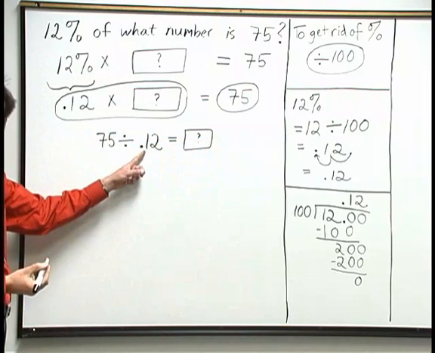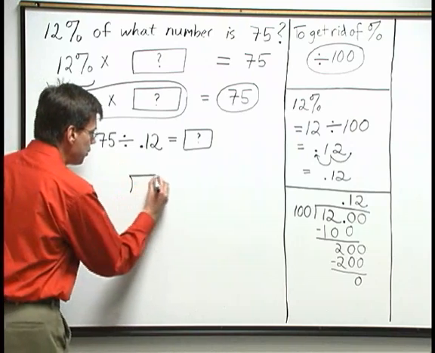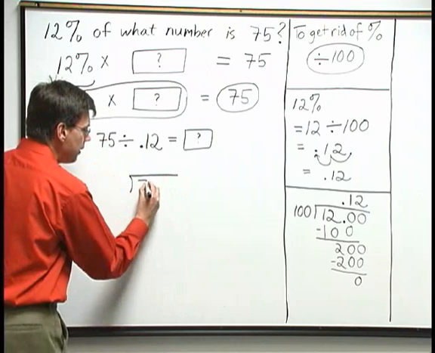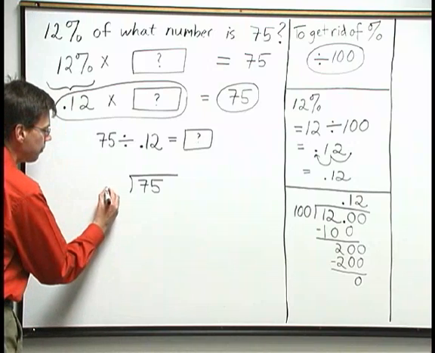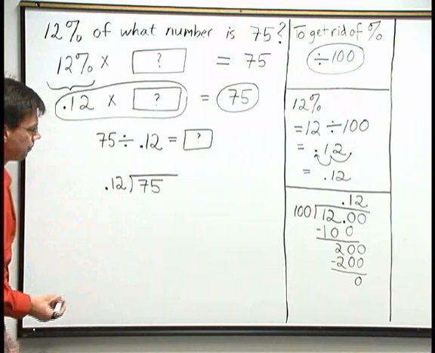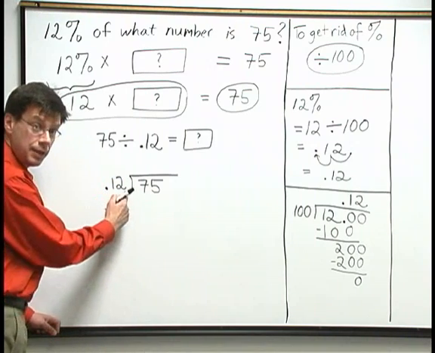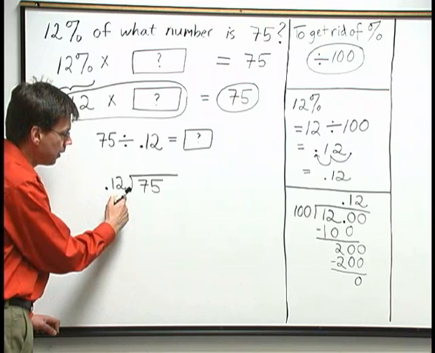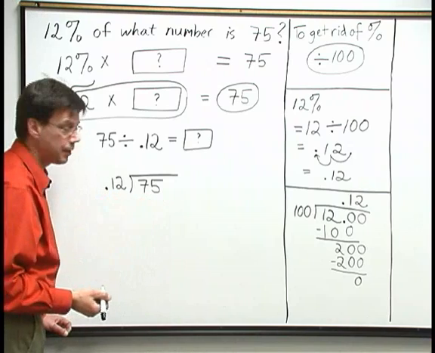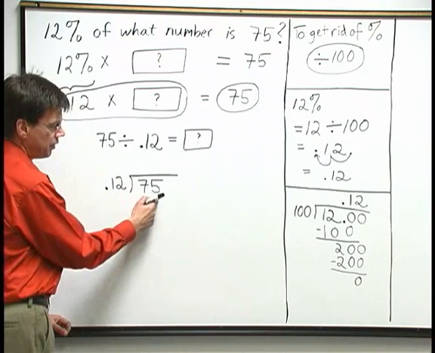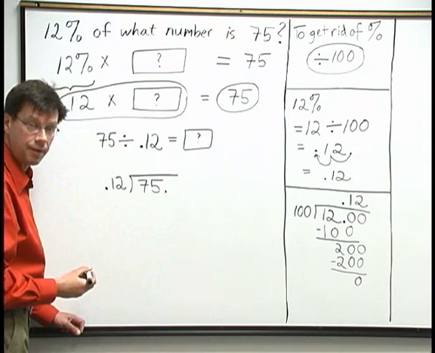Because a decimal is involved here, I'm going to do decimal long division. In the long division process, the 75 goes inside the long division box, and the 0.12 goes out in front. When I'm doing long division with a decimal out front, I need to move the decimal point over to the right. In order to not change the problem, I also need to move the decimal point inside the long division box. Now 75 is a whole number. Its decimal point starts out just to the right of the 5.